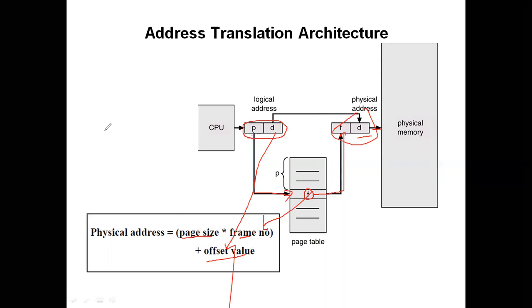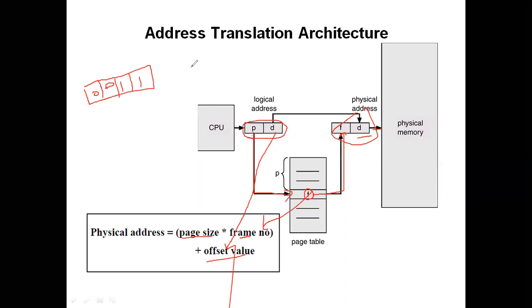For example, suppose I have a 4-bit address space, and in this we have 0, 0, 1, 1. So this is the logical address.